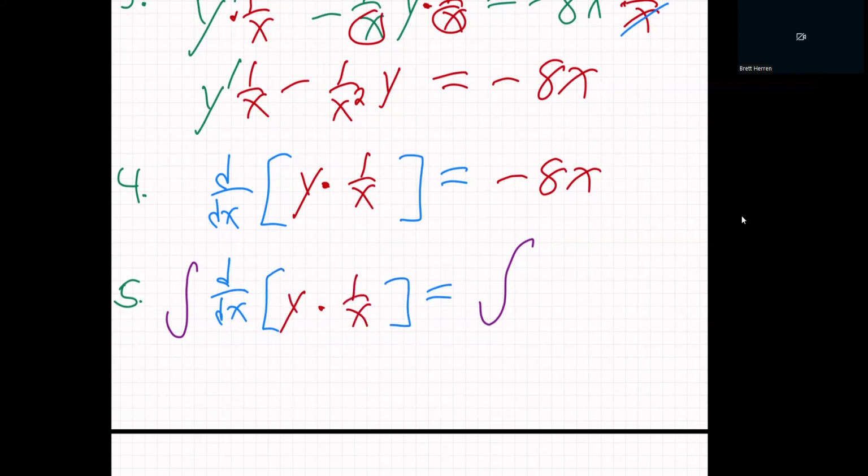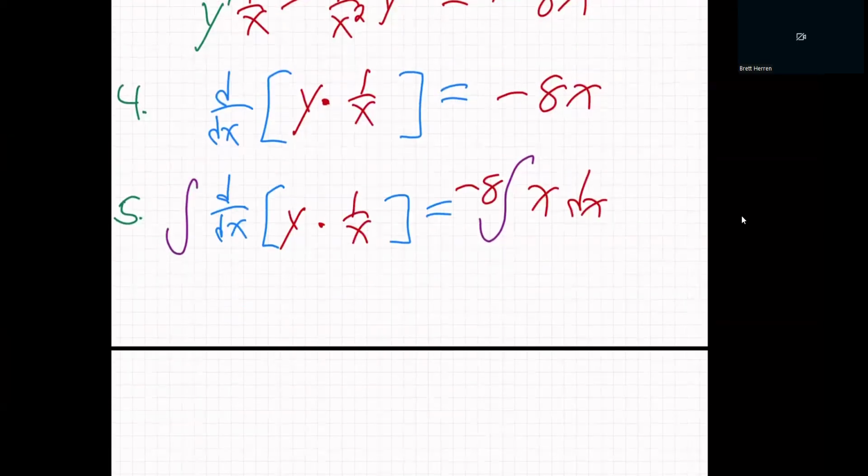This is, I'll make it minus x dx like that. Now, the magic I was speaking of is right there. Those cancel, don't they? Because an integral and a derivative are opposites of each other. So that's why we wrote the d dx, because we knew we were going to integrate and then cancel that out. So that's a super nice little trick.